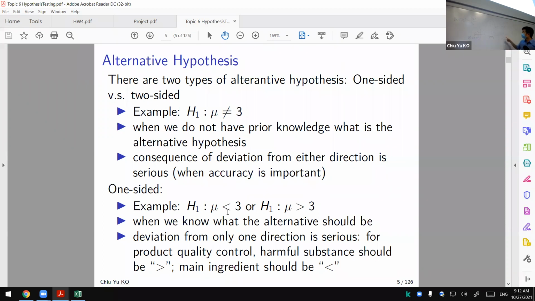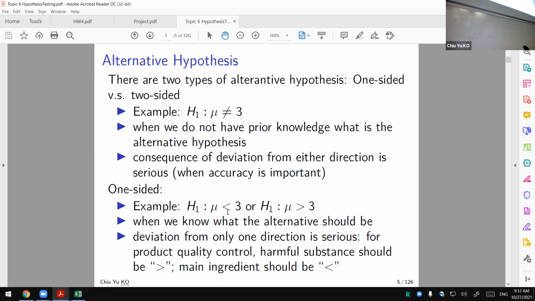If I'm more than 5, then I'm wasting my money, because I'm putting too much rice in the bag. So this is the two-sided one. I would not be happy if not equal to 5 in this example.